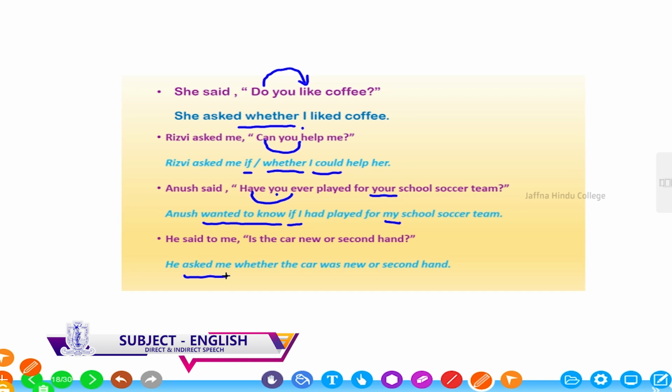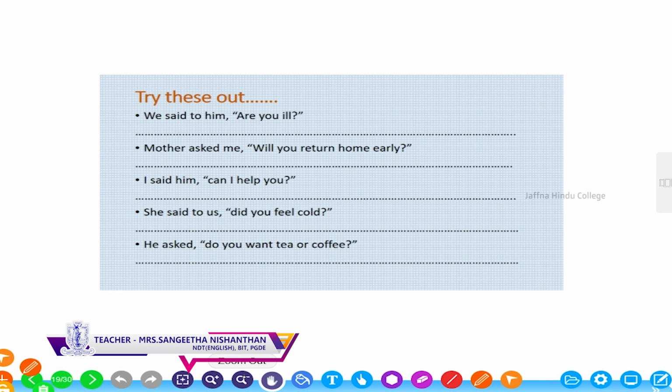Whether the is goes behind the subject, after the subject, the car, the past of is was. Whether the car was new or second hand. There is no need for a question mark. Some exercises for you. You can try these questions on your own.